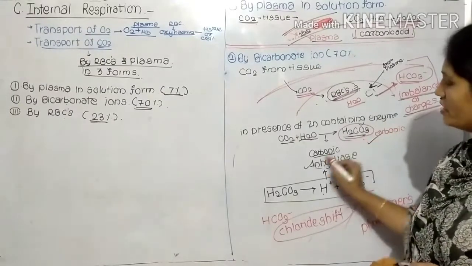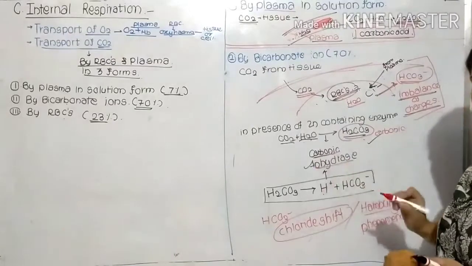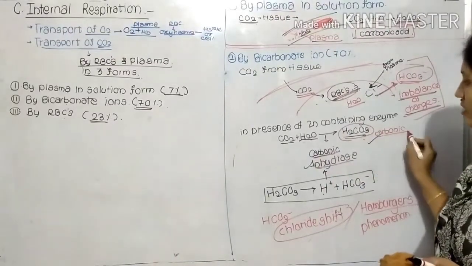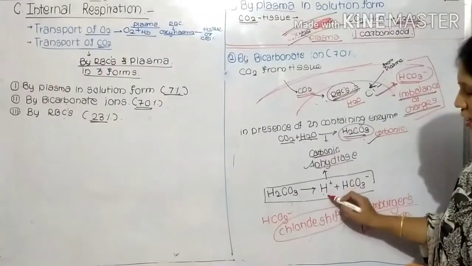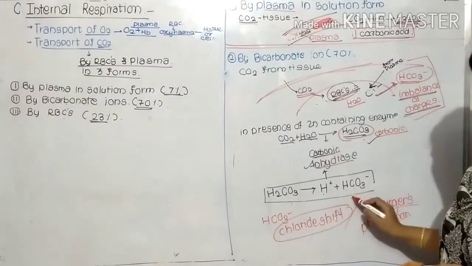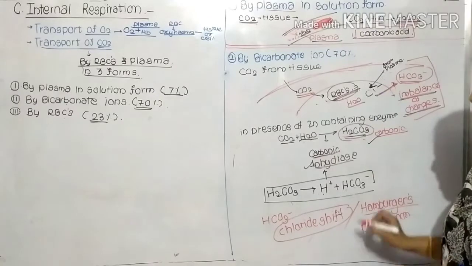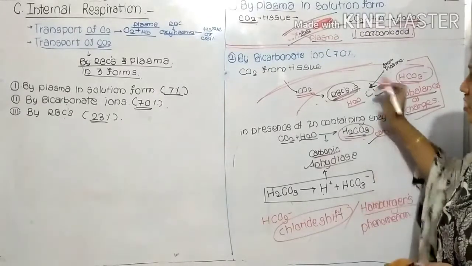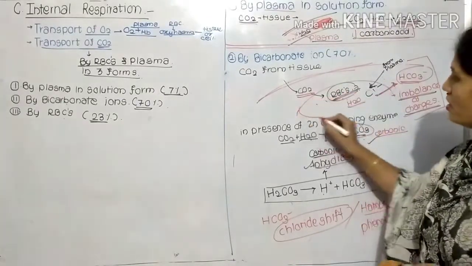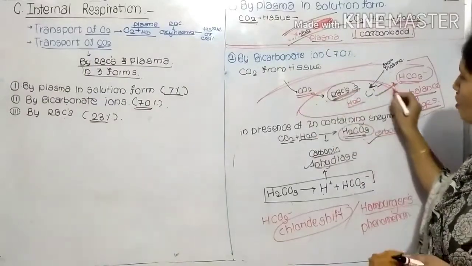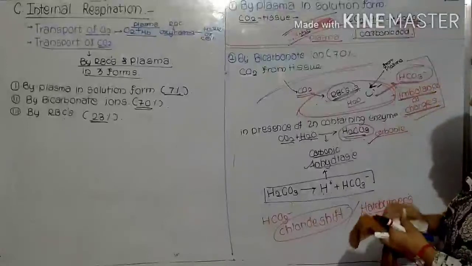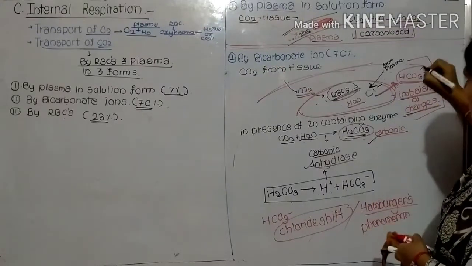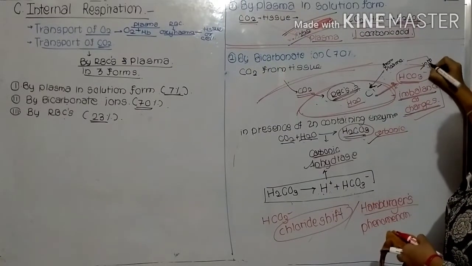This process takes place in presence of the carbonic anhydrase enzyme. So it cannot remain as it is in the form of carbonic acid. This carbonic acid gets dissociated into the hydrogen ion as well as HCO3 minus. Then this HCO3 minus is shifted from these RBCs. This is the RBC. From these RBCs, that HCO3 minus enters into the plasma.